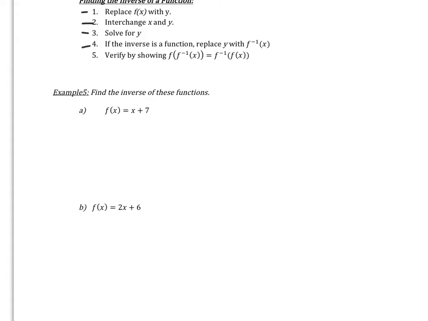All right. So we have f of x. Well, first thing we're going to do is swap this out for y. Y equals x plus 7, actually. Can't read. And so now we want to swap these two because an inverse switches x and y. And so we write it as x equals y plus 7.